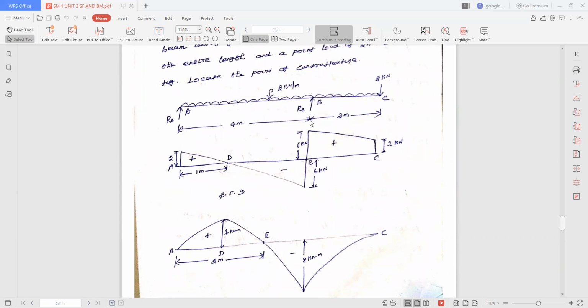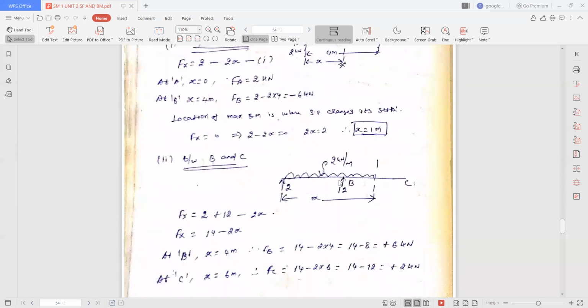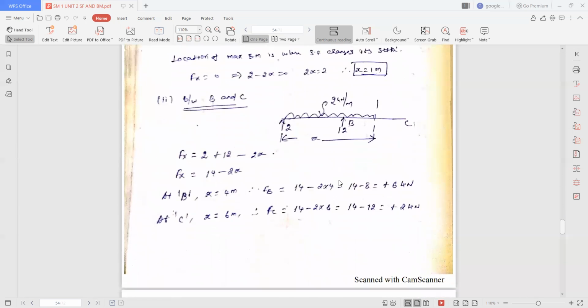Okay. Then between B and C you need to know the shear force value. Therefore, take a section between B and C, where the distance from A to the section is x, and add all the forces on the left side of the section.